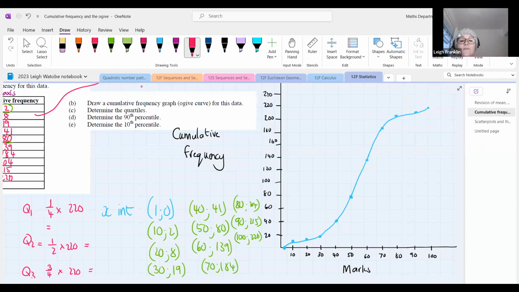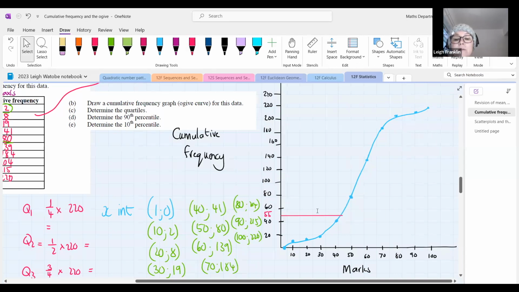So now what you have to do is find 55 over here. You're going to get your ruler, and I'm going to draw a pink one because it stands out nicely. At 55, you're going to draw a line over to your graph. Probably should be a little bit further up than that.